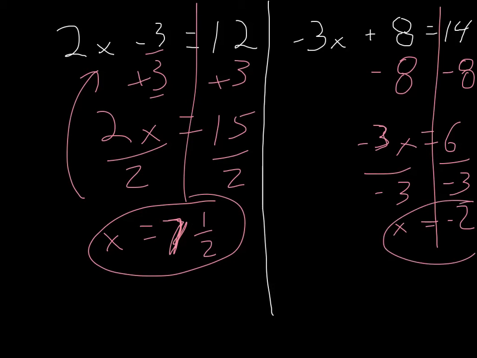It's very easy to check this. We simply plug in negative 2 for x, so negative 3 times negative 2 gives us a positive 6, and 6 plus 8 is 14, and that is correct.